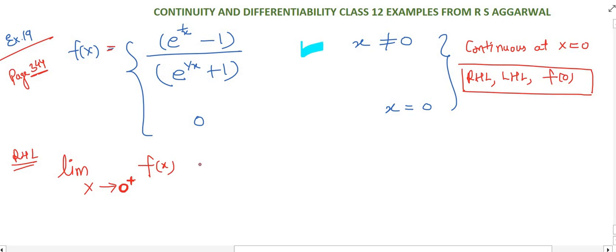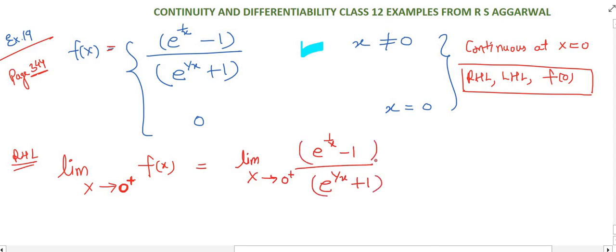So let me write down: limit x tending to 0 plus of (e raised to power 1 by x minus 1) by (e raised to power 1 by x plus 1).